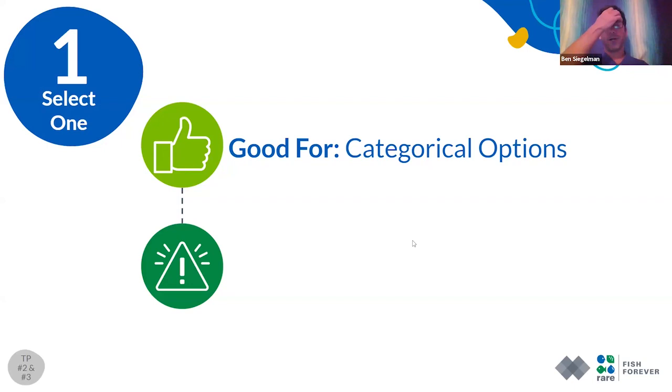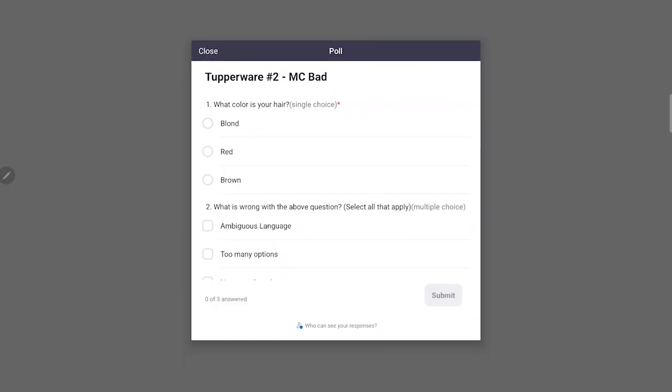So Danny, can you put up the survey? Yeah, that's right. So these are some bad options, and I'd like you to actually answer these. And you can probably already see the problem here. With the first one, well, what if you don't have red, blonde, or brown hair?